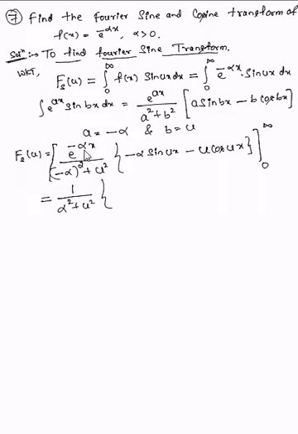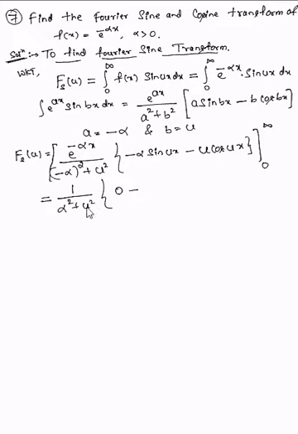If I put x is equal to infinity, it becomes e power minus alpha into infinity, and it becomes e power minus infinity. And you know, e power minus infinity is 0. 0 into this entire thing becomes 0. So the upper limit is 0.